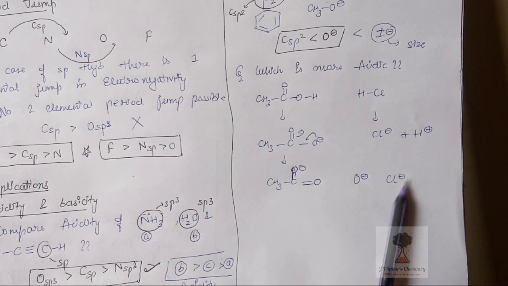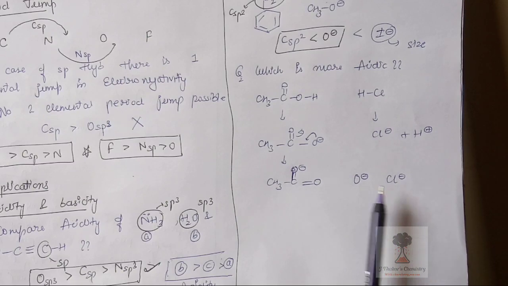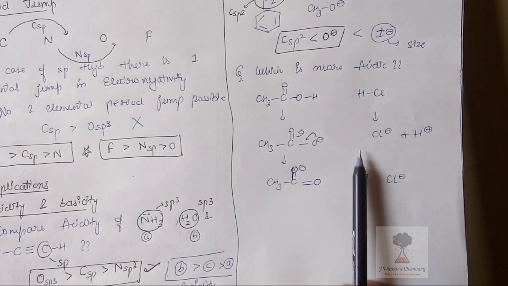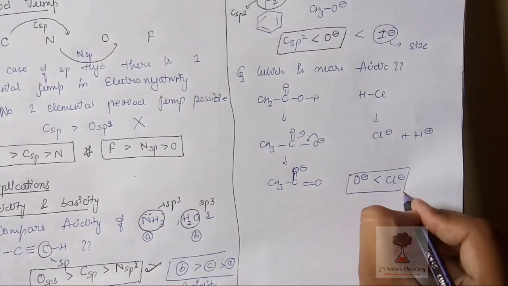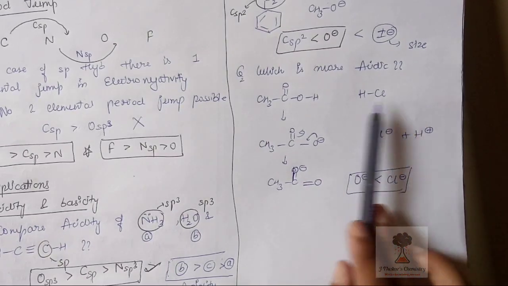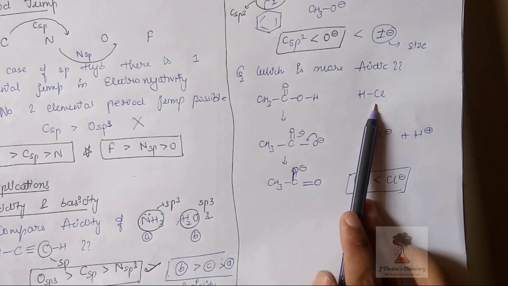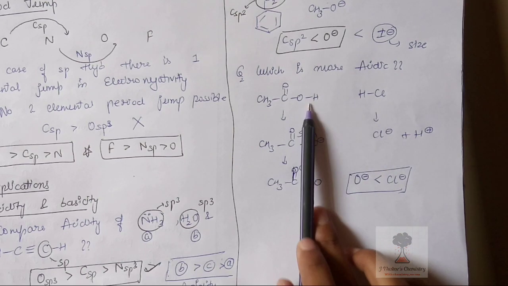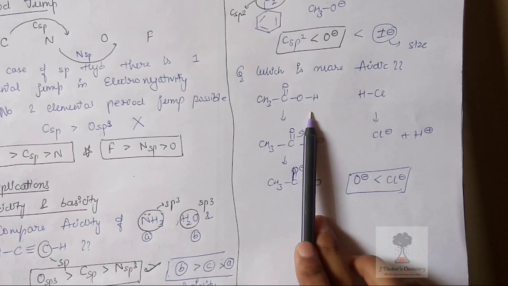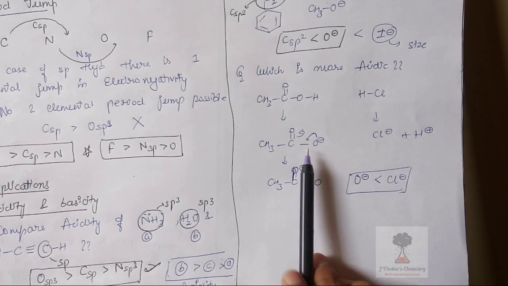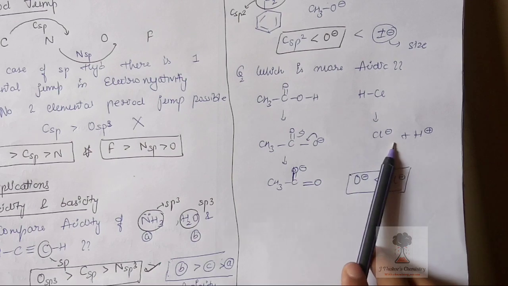So chlorine can accumulate the negative charge easily in comparison to oxygen. So Cl negative is more stable than O negative. So HCl is more acidic than acetic acid, because acidity depends upon the stability of the conjugate bases.